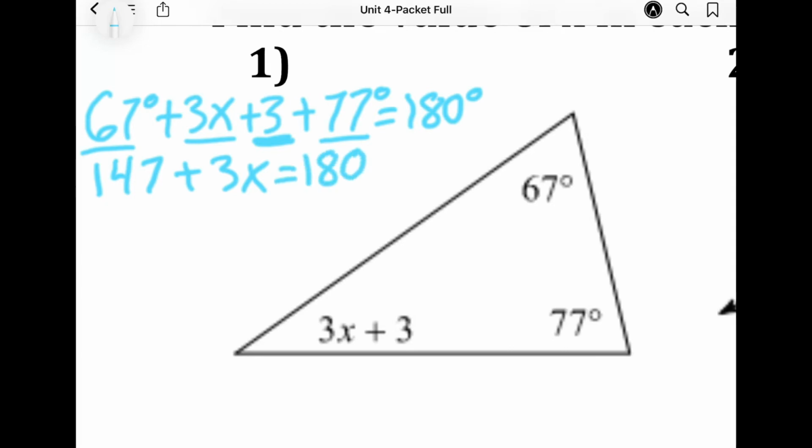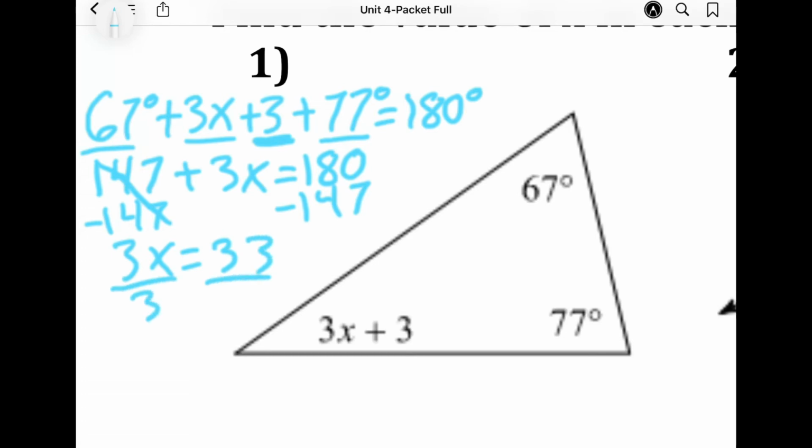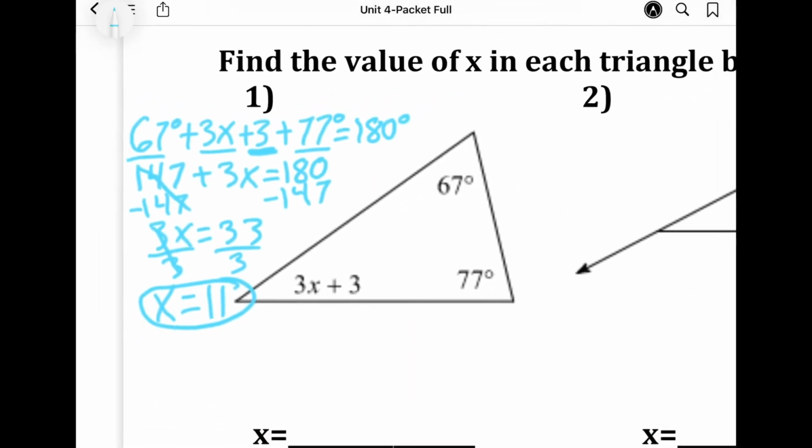Still have it equal to 180. Then we're going to subtract 147 from both sides. 3x equals 33. Then we're going to divide by 3 on both sides. And x is 11. So that is our answer for number 1.